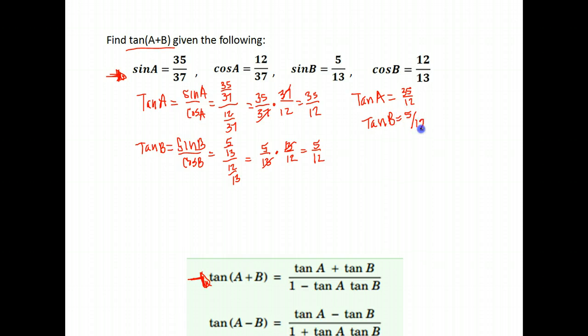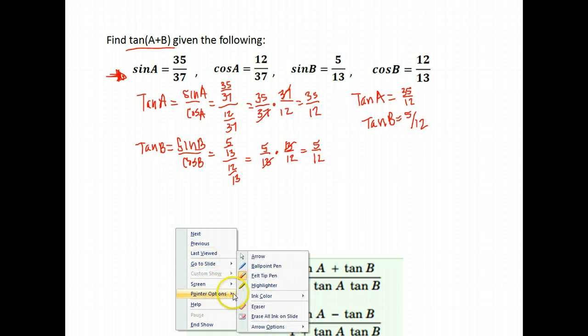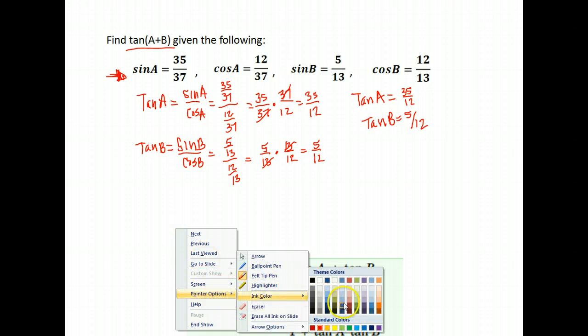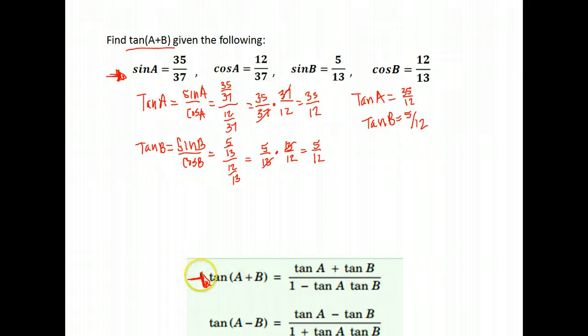Now we can use our identity. We had to do that preliminary work first, but now we can use it because we actually have the values we need.